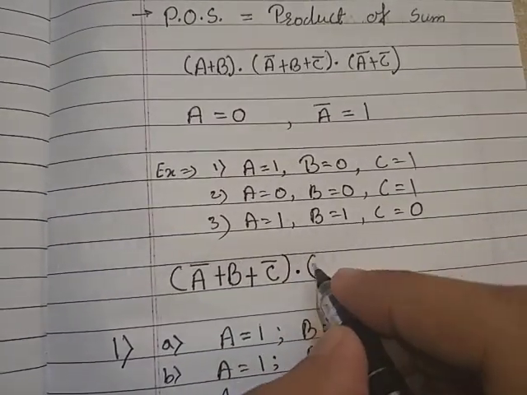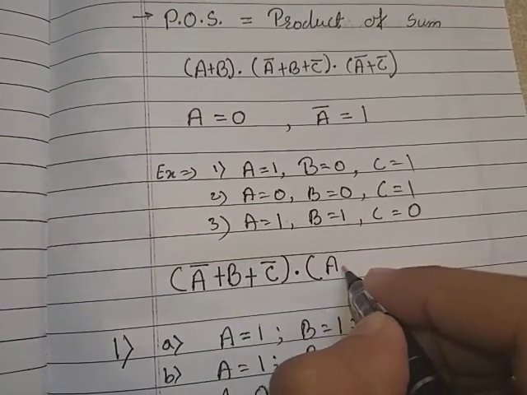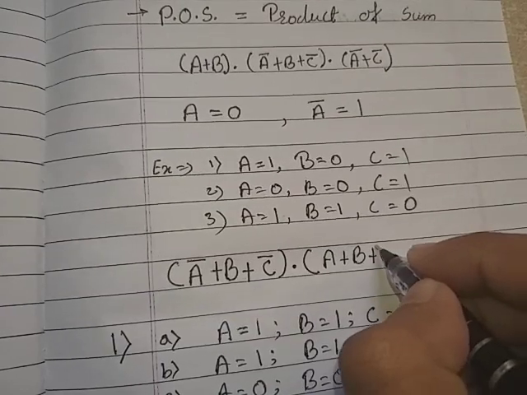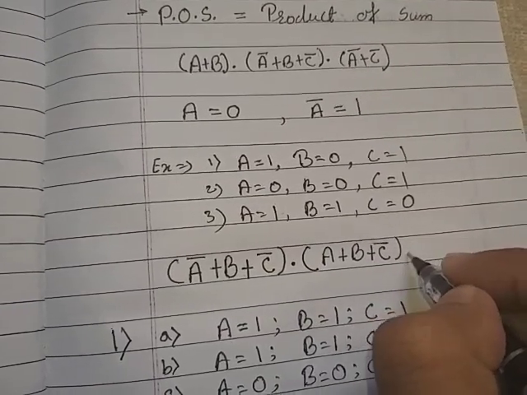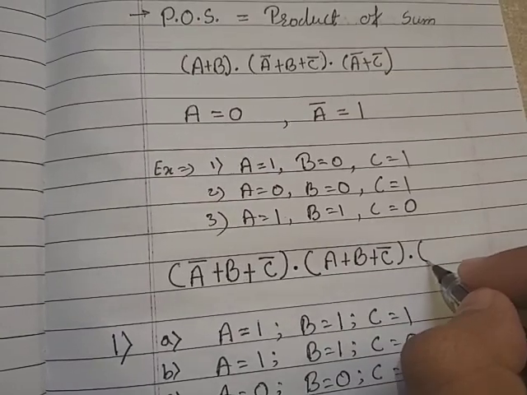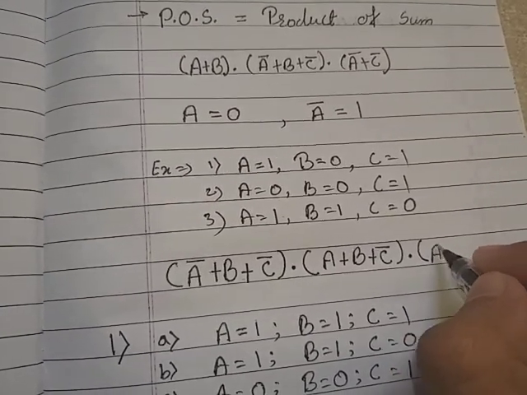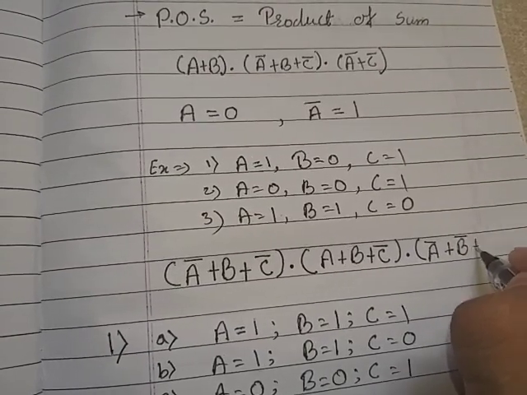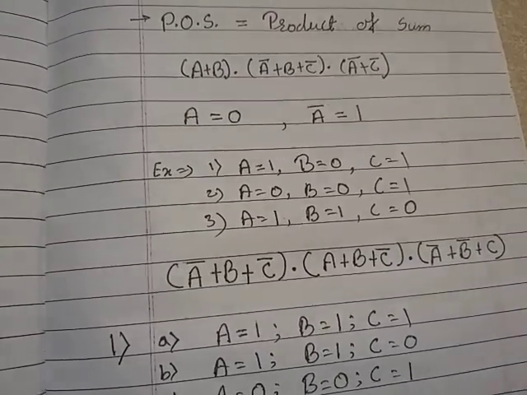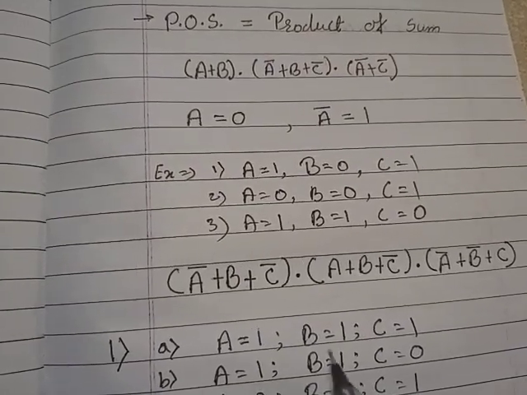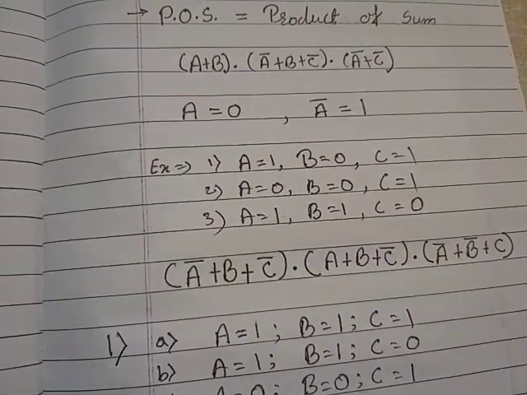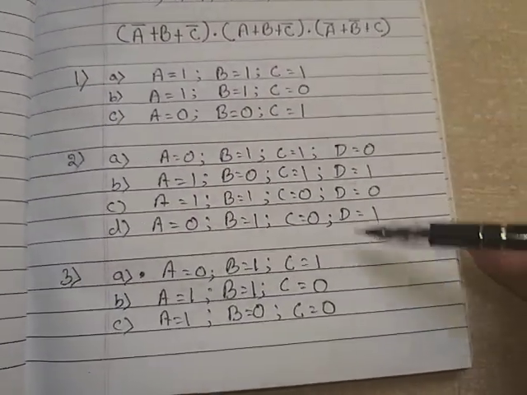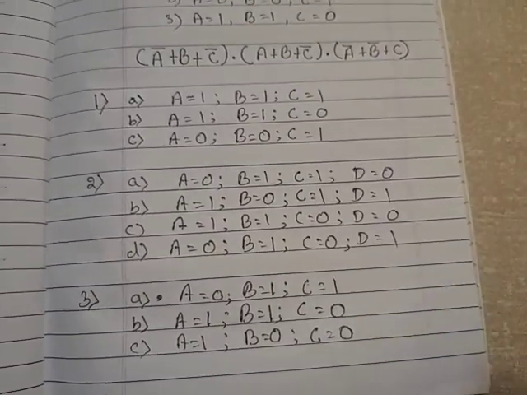Second, a, b and c bar, dot. The third condition, a bar, b bar and c. In this manner, you can convert any condition into POS form. Here are some questions for practice which you have to convert into POS form.